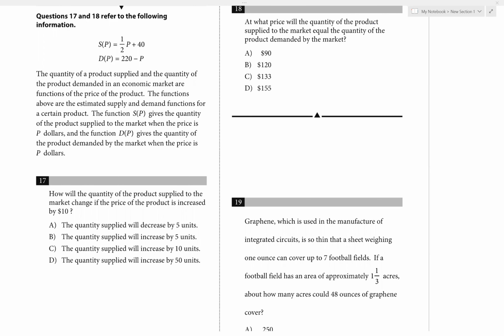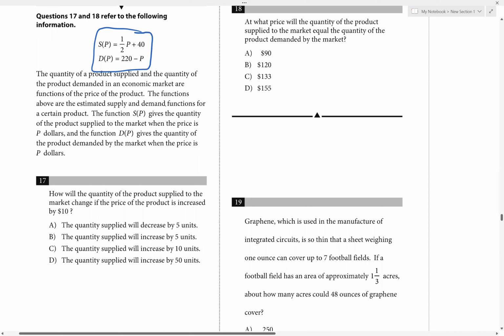All right, question 17. We have some background information here to give us two equations or two functions. It says the quantity of a product supplied and the quantity of a product demanded in the economic market are functions of the price of the product. The functions above are the estimated supply and demand functions for a certain product.